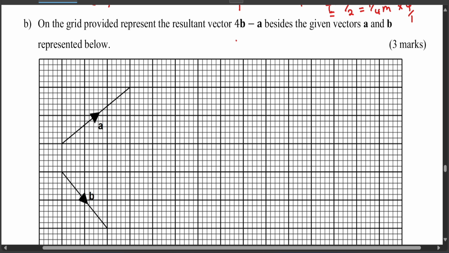So you have been told 4b minus a. For the a vector, it will be just usual. So remember, vector a, which is this one, is represented by which column vector? You look at the x-axis, so you draw a triangle, and then you draw a triangle up.